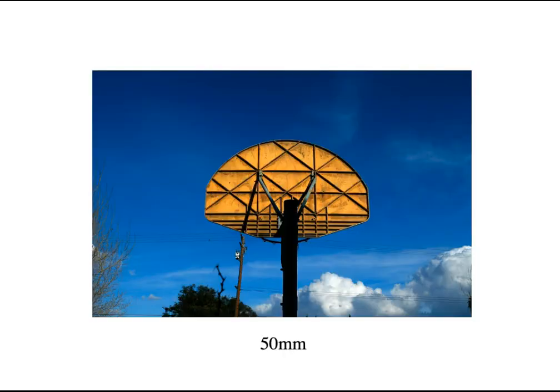So here's an example of some images, showing you correlating what lens they were photographed on. And this is just a normal 50 millimeter lens. And you can see spatially everything makes sense. The distance between this backboard of this basketball hoop, the distance to this light pole, to this tree in the background, to these clouds and the wires, all looks normal, as if we were there.